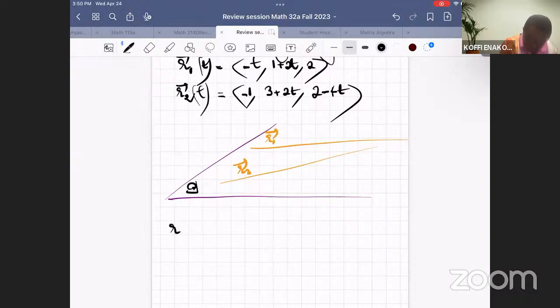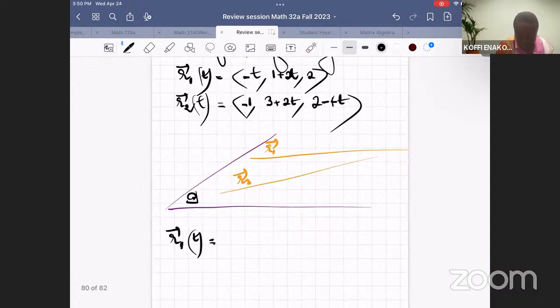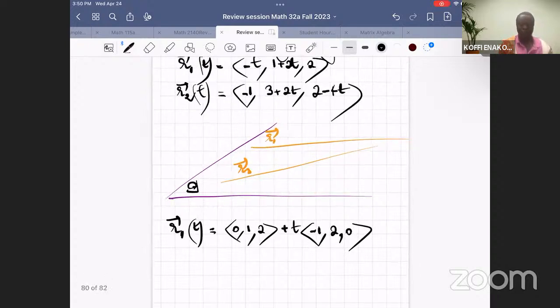So if I take R1 of t, I can rewrite it as 0 for the first term, the second term is 1, and the third term is 2, plus t scalar multiplied by negative 1, 2, and 0. So in that case, the direction vector is negative 1, 2, and 0.